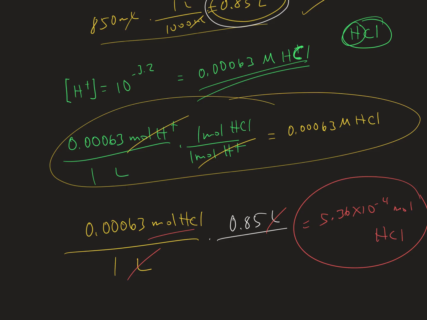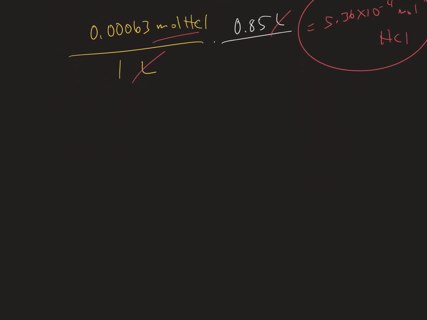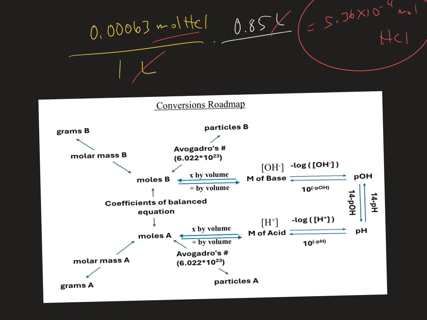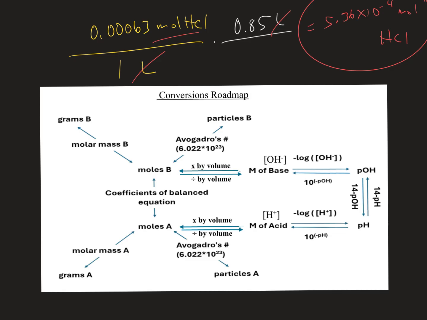Should we go back to the mole roadmap again and see how we can use it? Again, you can only use it if you can make it. And I'll send you guys a PDF of this. So where did we start here?